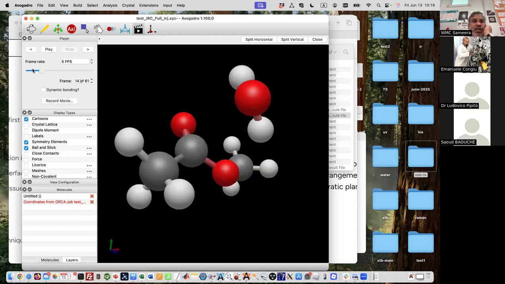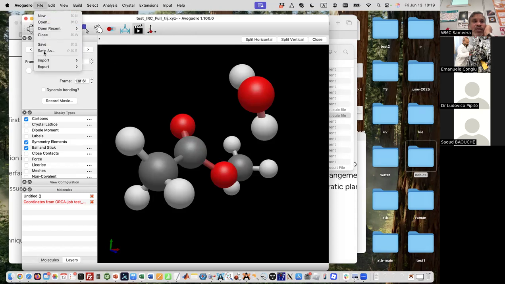So the next step is to choose this structure and optimize the reactant and the product structures. So you can save this as reactant.